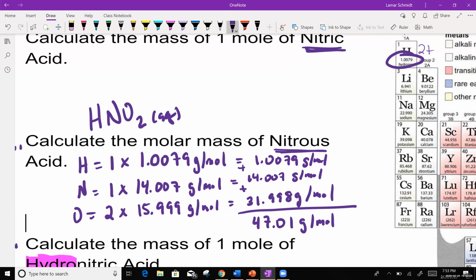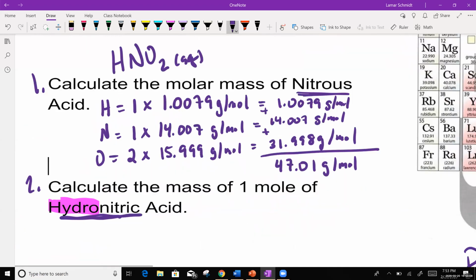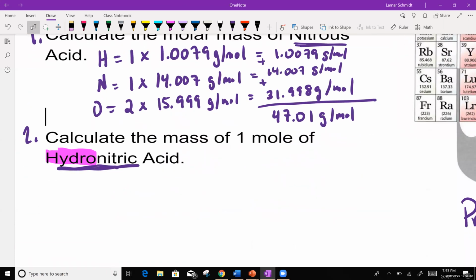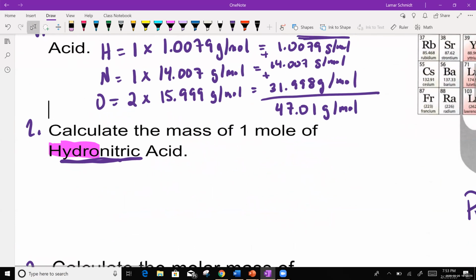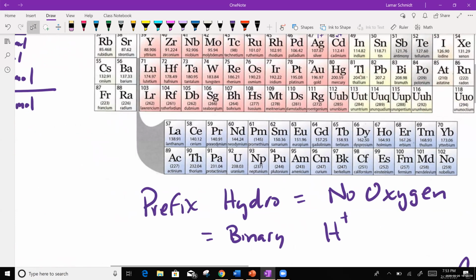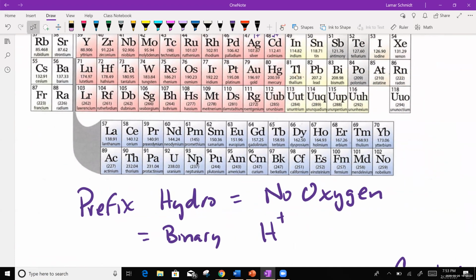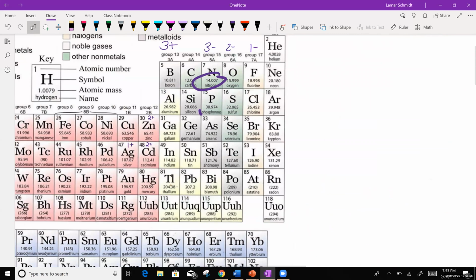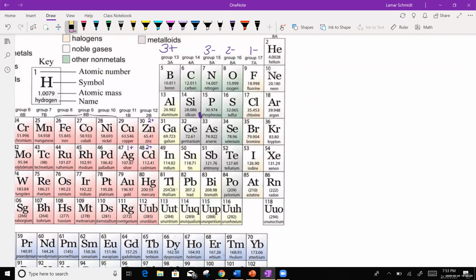Okay, let's look at the next one. So here we have hydronitric acid. So remember when we saw hydro, that meant no oxygen. It means that it's binary. All right, and we also said you're probably going to be mixing that hydrogen with one of these elements right here. And these are the most common that go with the hydro.